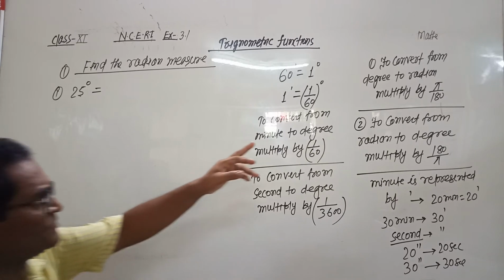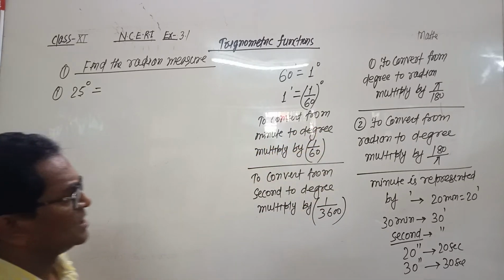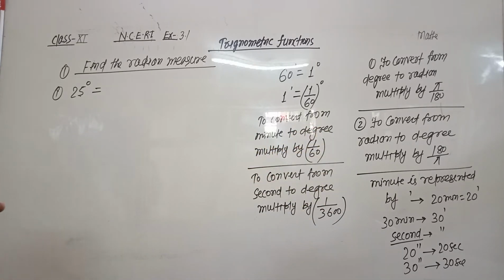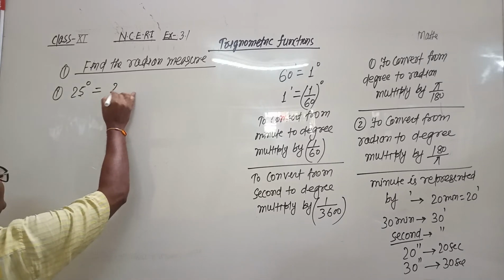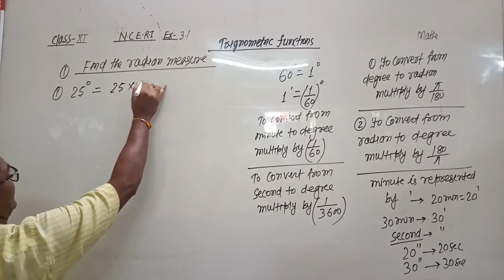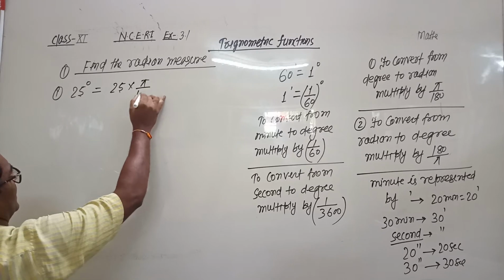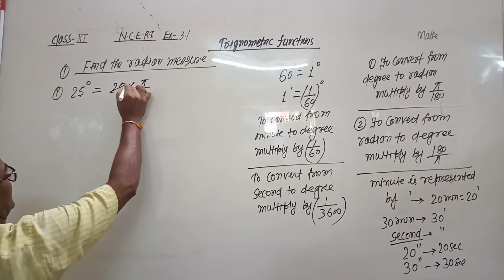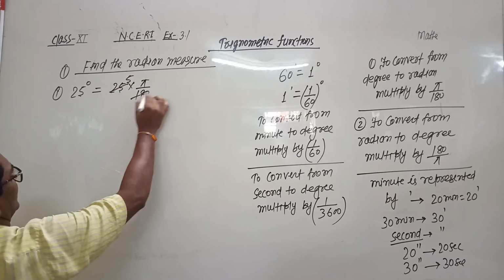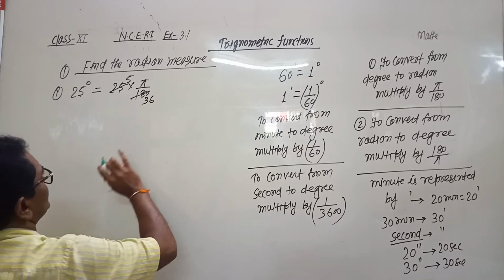So to convert, we use the first formula, from degree to radian: multiply by pi by 180. So 25 into pi by 180. It goes by 5 and 36; 5 times 36 is 180.